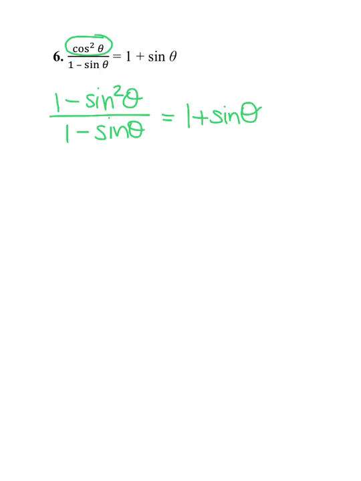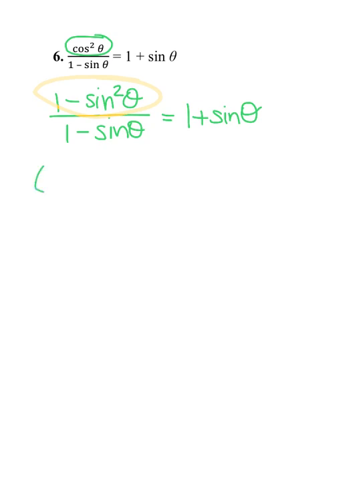All right, my next step here, we actually haven't used the second technique yet, factoring. So we can actually factor this numerator, because we have a difference of perfect squares.